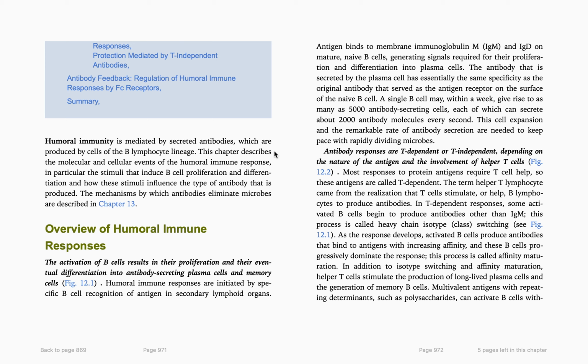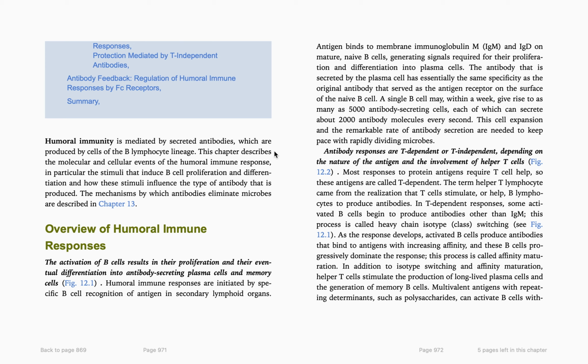Antibody responses are T dependent or T independent depending on the nature of their antigen and involvement of the helper T cells. Most responses to protein antigens require T cell help, so these antigens are called T dependent, and the term helper T lymphocyte comes from the realization that T cells stimulate or help B lymphocytes to produce antibodies.